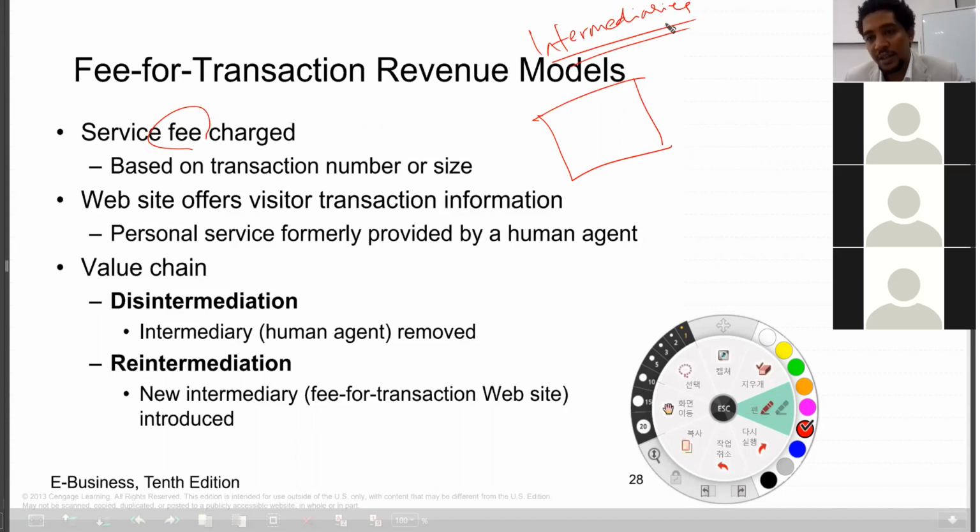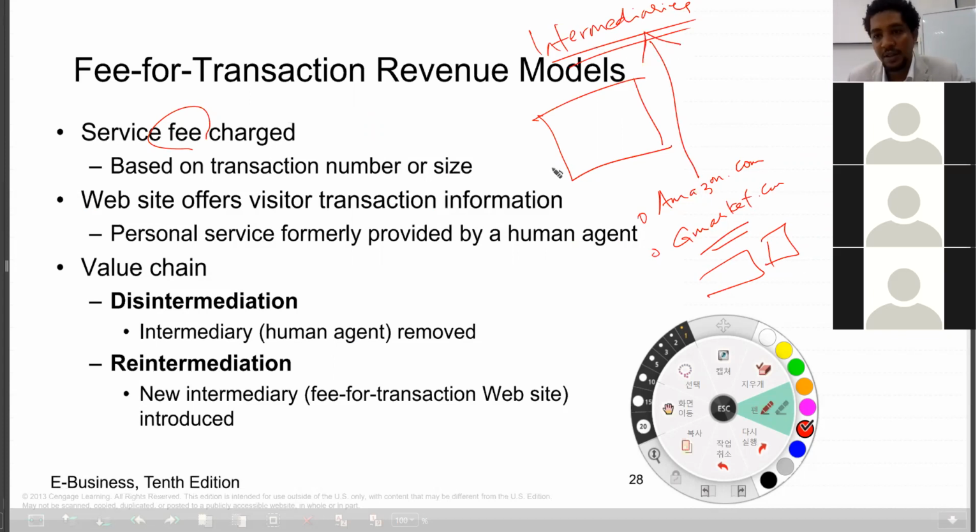Intermediaries in a sense. You know Amazon, right? Amazon.com, or you know Gmarket. You can go to Gmarket and you can view so many different types of products, right? Gmarket and Amazon are the same, right? Because both of them do not produce anything. They are just what? They are intermediaries.